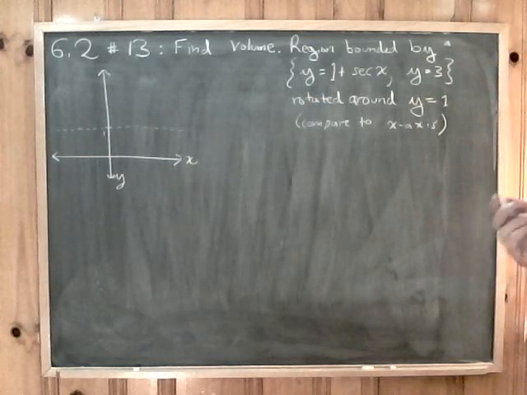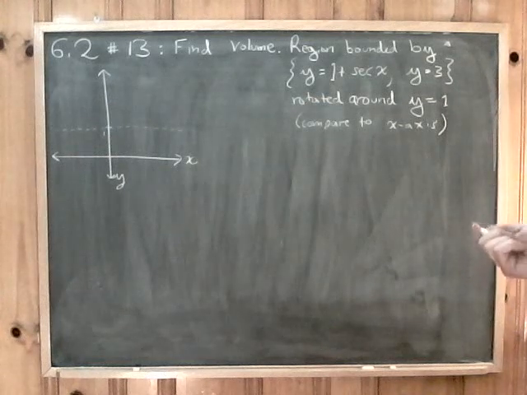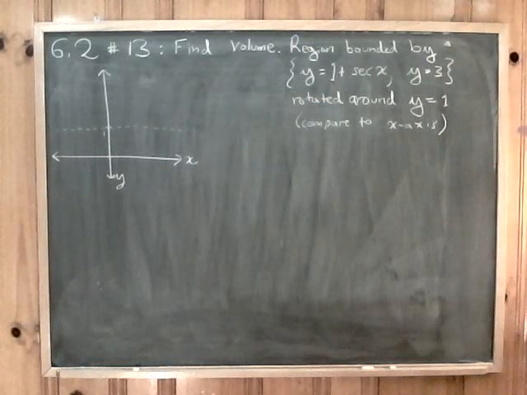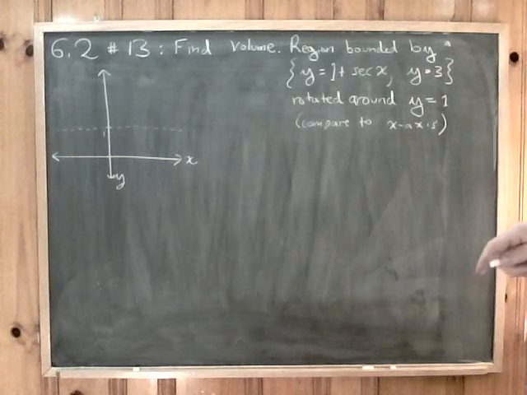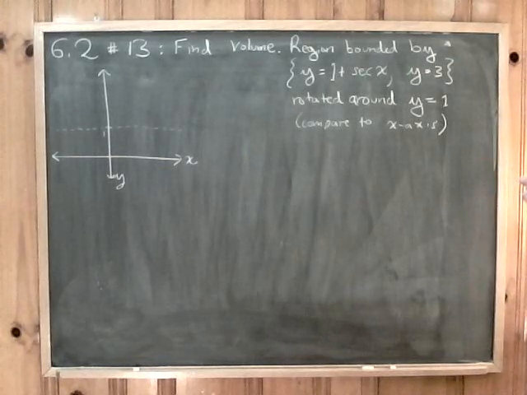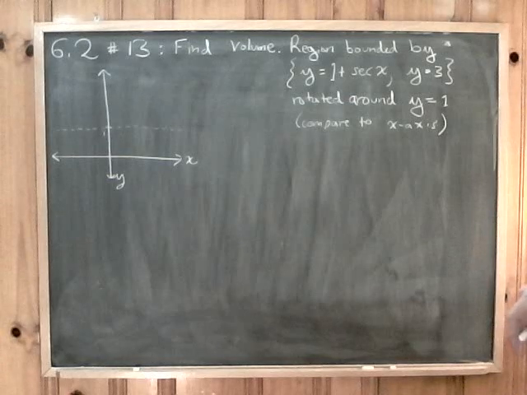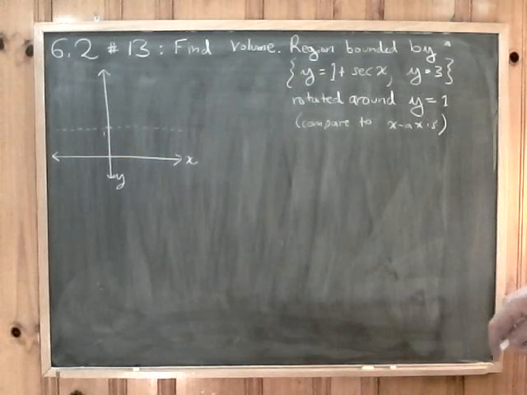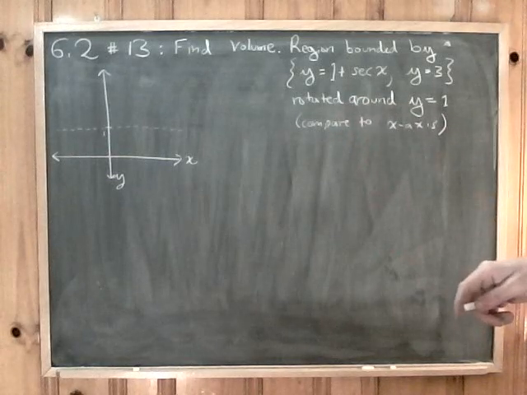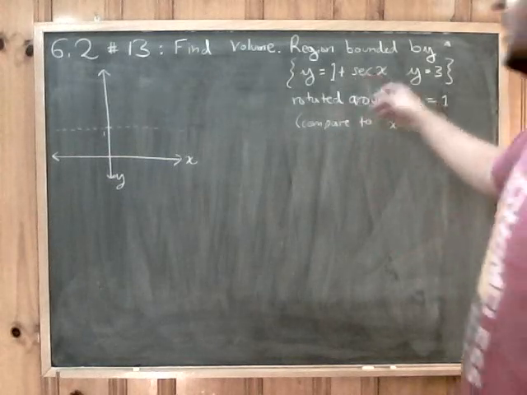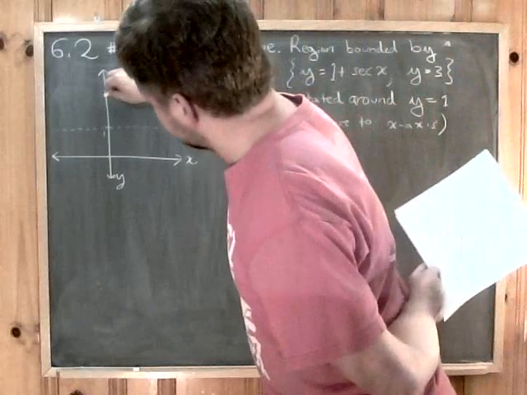So I graph it. You can look up the graph to 1 plus secant x, or you can remember secant is 1 divided by cosine, so it's just like 1 over the cosine curve. So it has vertical asymptotes, and where cosine is 1, so is secant, and this is 1 plus secant, so it'll start off right at 2.